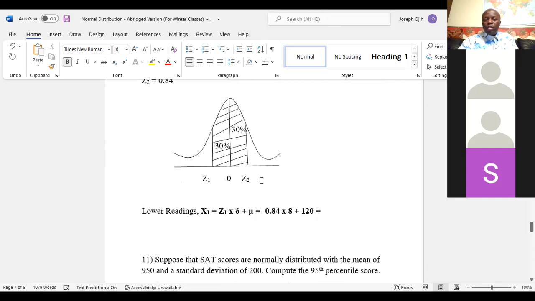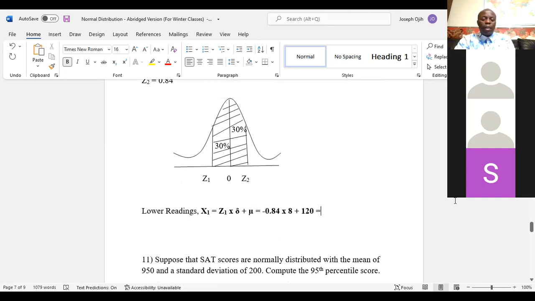I'll give you the lower readings. So let's get the calculator, write this down. I have negative 0.84 times 8 plus 120.